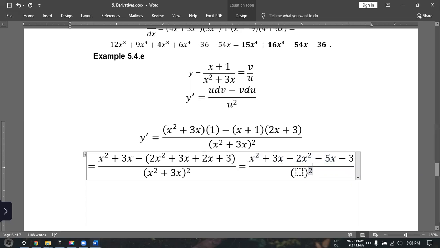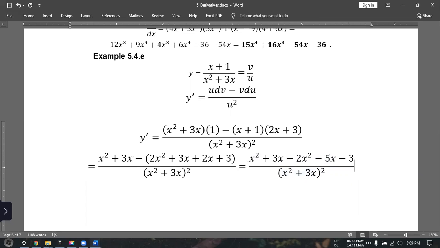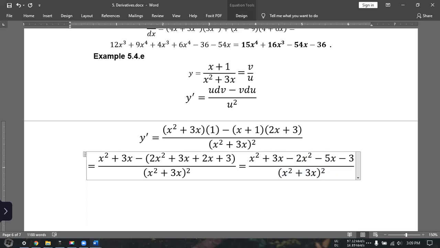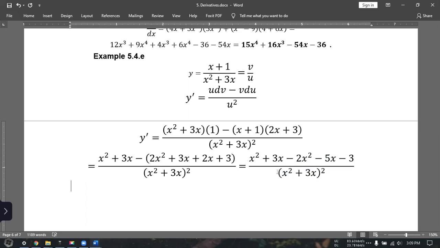Our denominator stays. Combine similar terms: x squared minus 2x squared is negative x squared. 3x minus 5x is negative 2x.